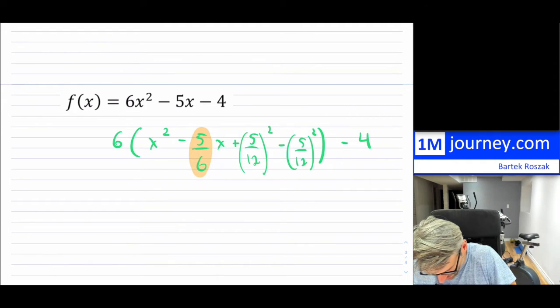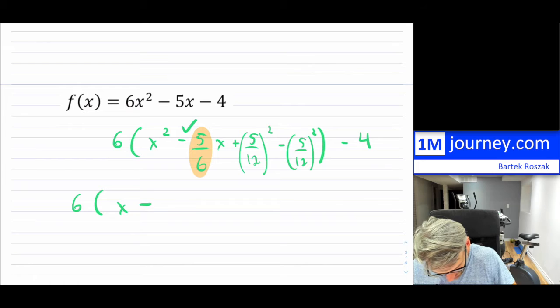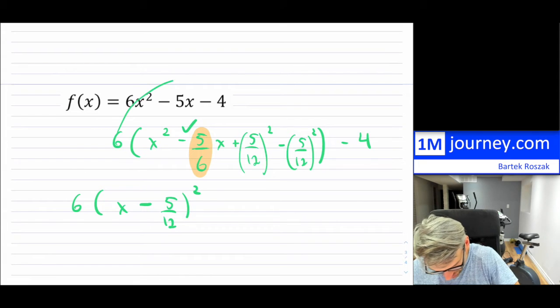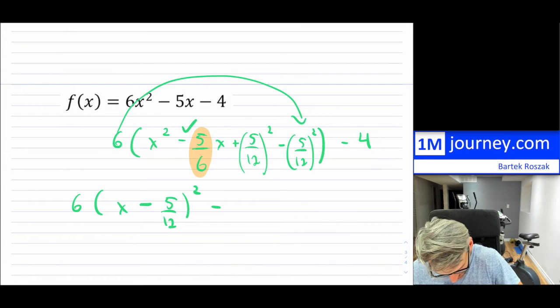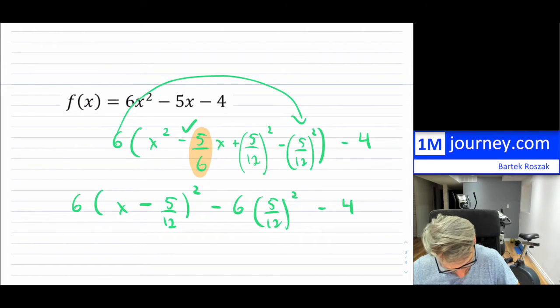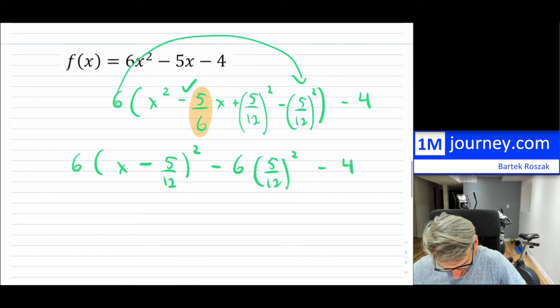And this gives me, so I have 6, that's going to be x. Okay, so it's minus 5 over 12 squared. Now we got to bring this 6 over here. So minus 6 and 5 over 12 squared. And then the minus 4 behind there. Okay, so let's simplify this.